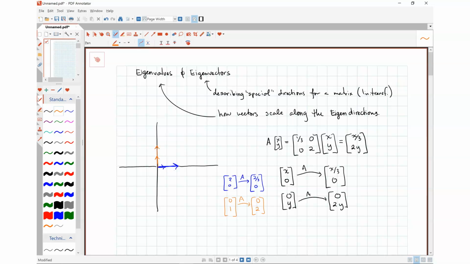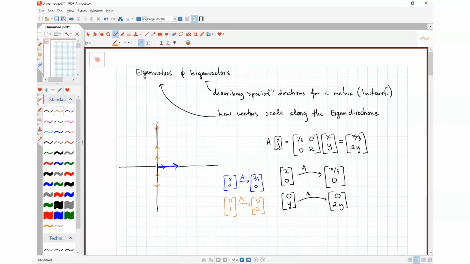So the blue direction is shrinking, right? We started with this longer vector and ended up with a shorter one. And the orange direction is kind of growing, right? Things are going to get longer and longer and longer. If I started with 0, minus 1, the result would be 0, minus 2.